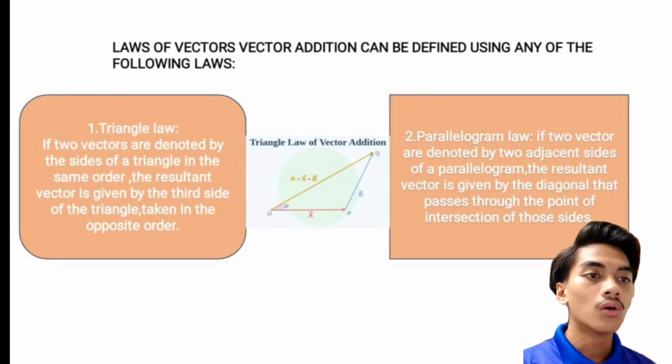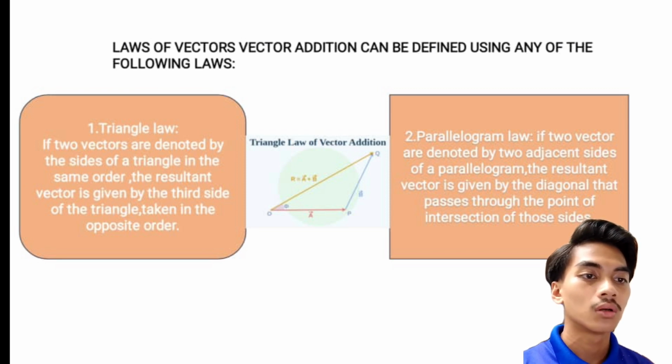Okay. Law of vector. Vector addition can be defined using any of the following laws. 1. Triangle law. If 2 vectors are denoted by the sides of a triangle in the same order, the resultant vector is given by the third side of the triangle taken in the opposite order. 2.